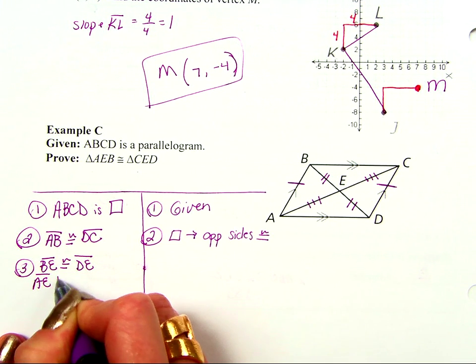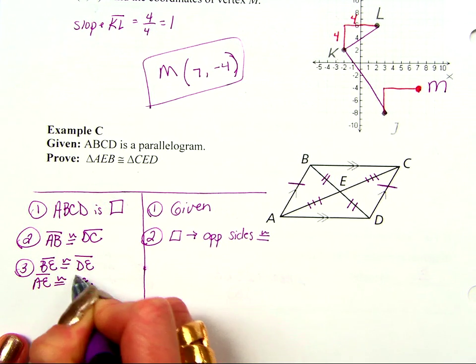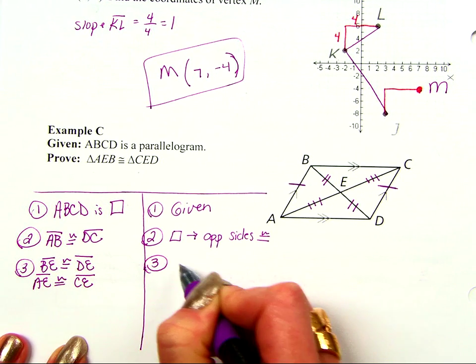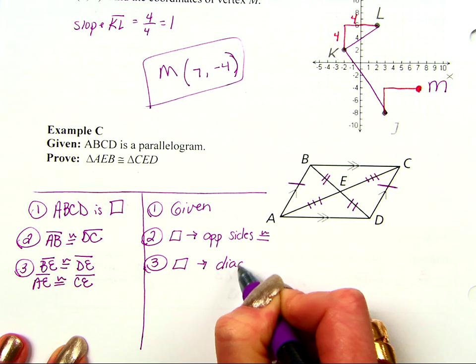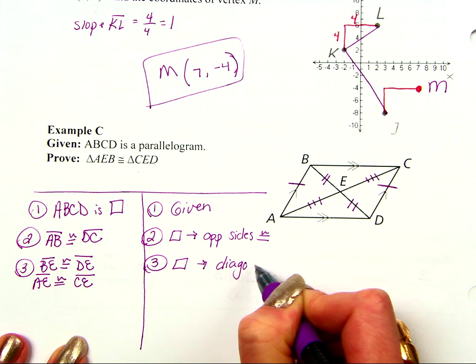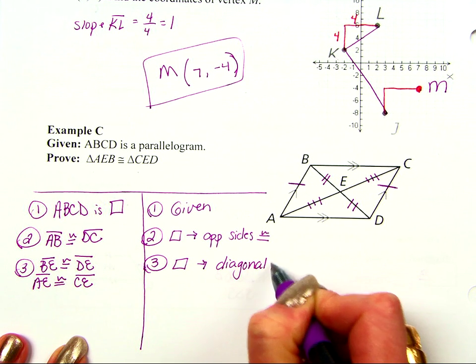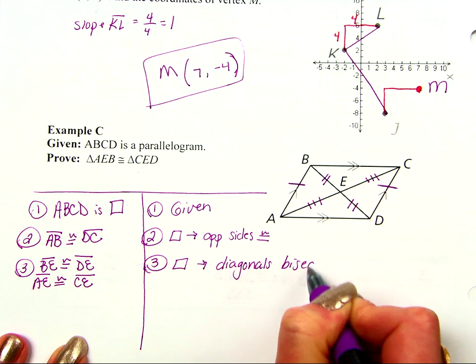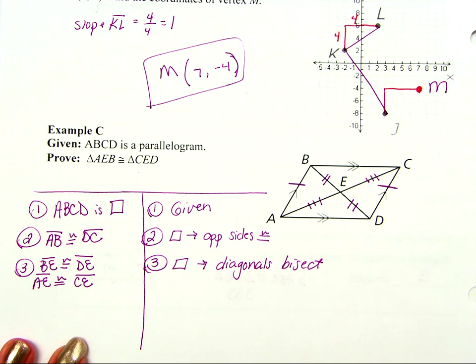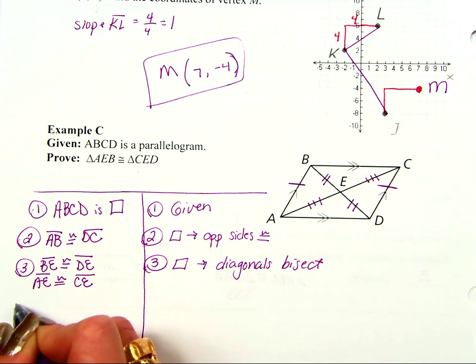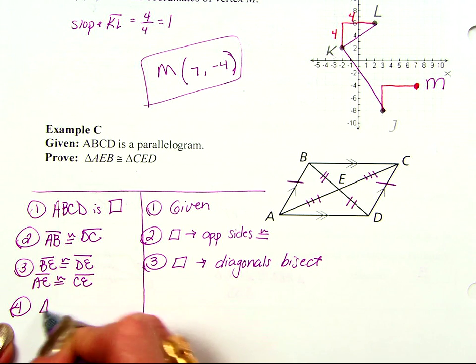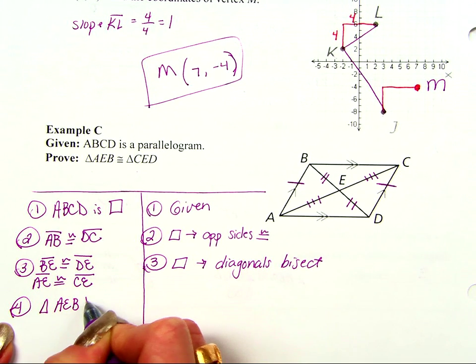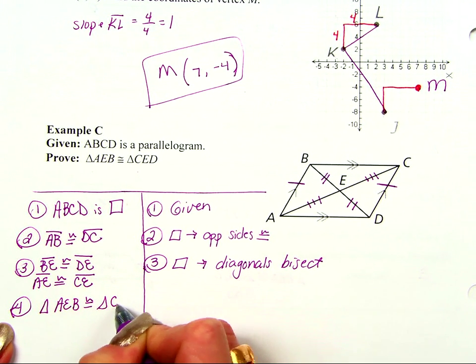AE must be congruent to CE. How do we know that? Well, if a parallelogram, then diagonals bisect. And I actually have enough to prove that my triangle AEB must be congruent to triangle CED.